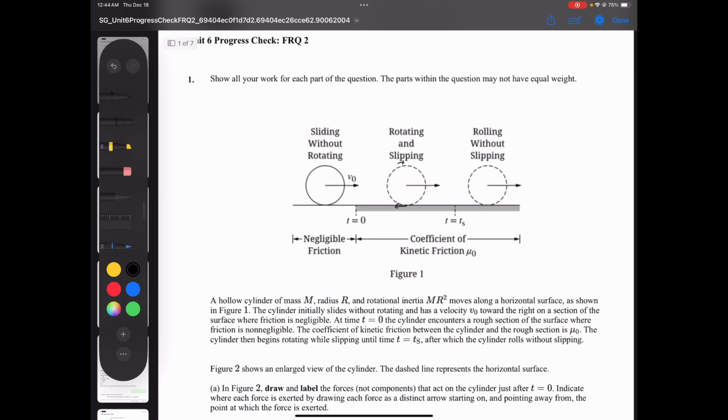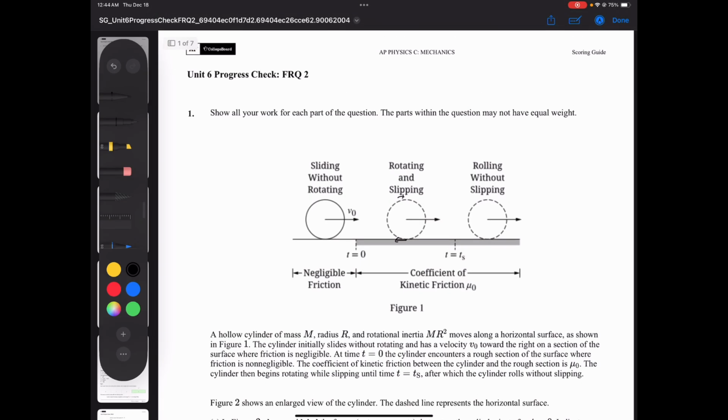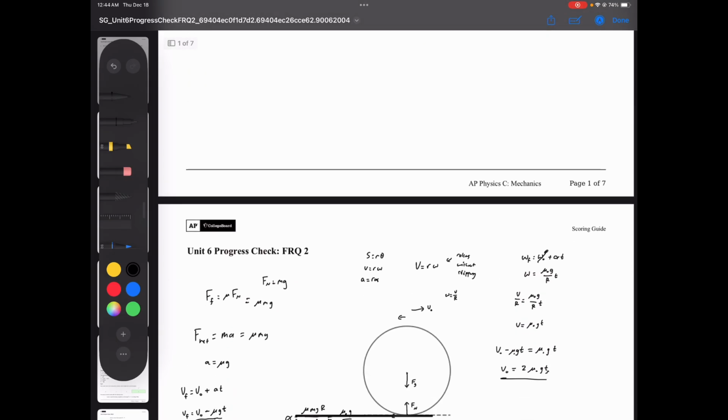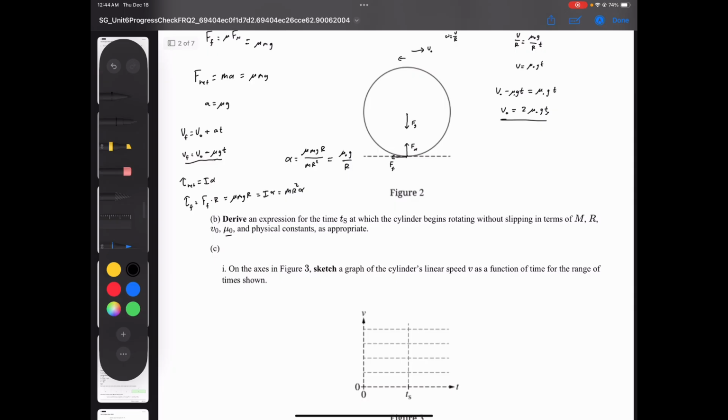You can also think of it in terms of energy: it didn't have any angular velocity before, and as it gains angular velocity, it's losing linear velocity up to a point where the linear velocity is directly related to the angular velocity.